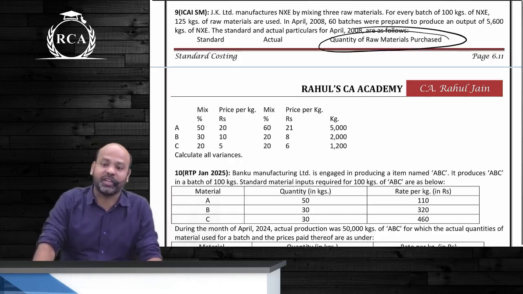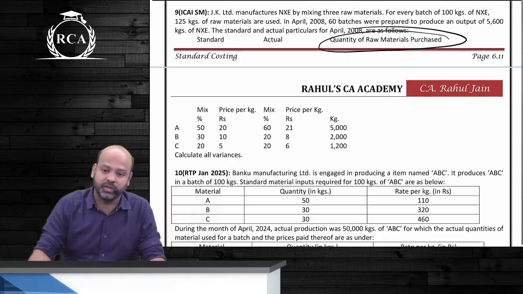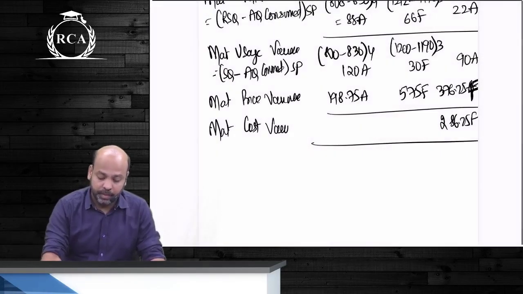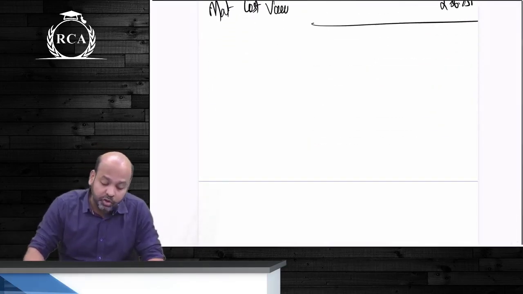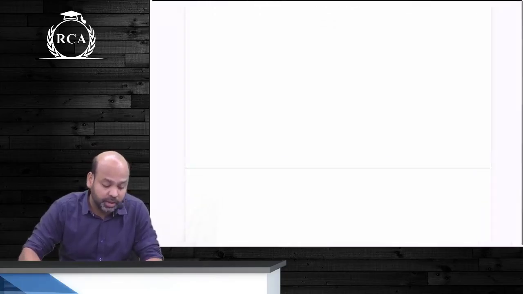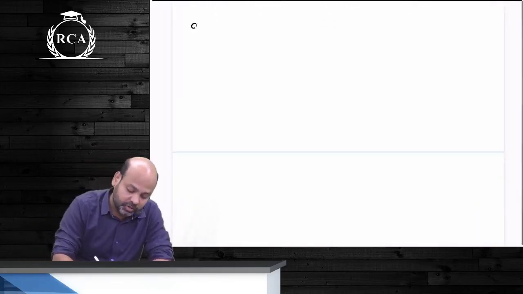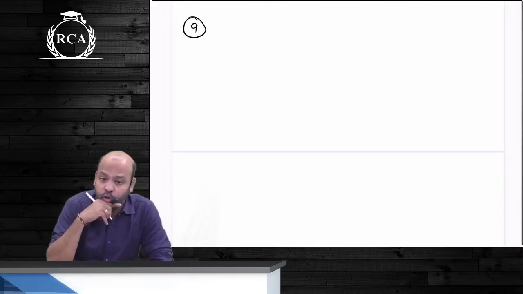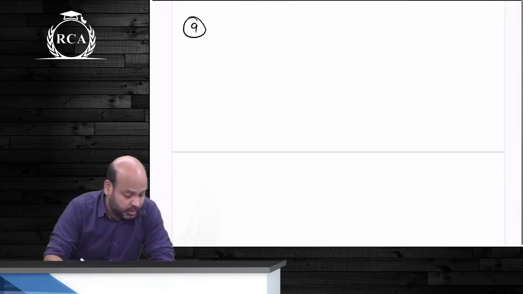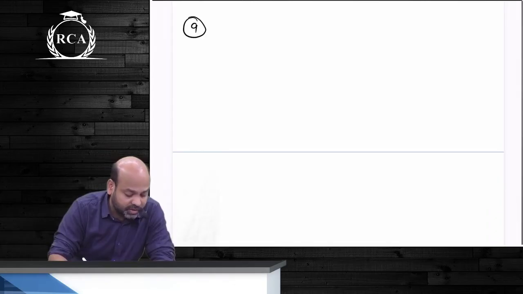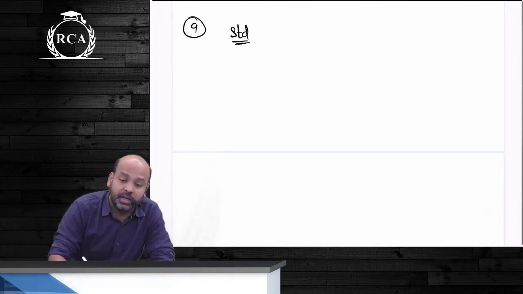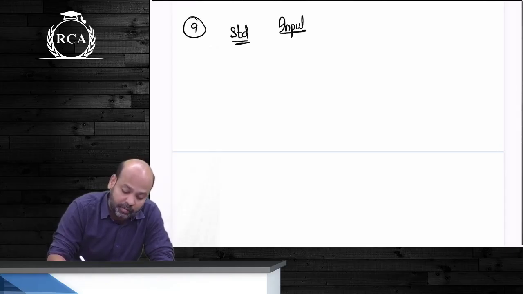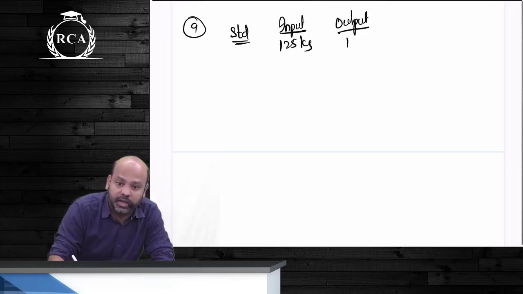Standard quantity for actual output is 7,000 kgs. Beta, the 125 that it is mentioning should not be the basis to determine standard quantity for actual output. You should not just concentrate on 125 or 60 batches, whichever it is, understood? As per the standard, if input is 125 kg, how much should output have been? 100 kgs.